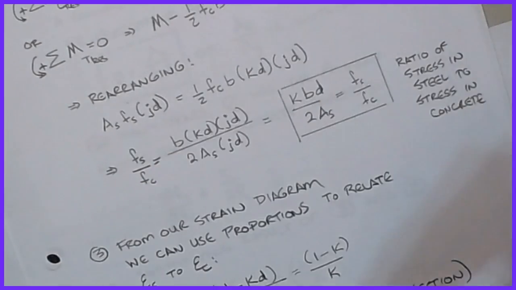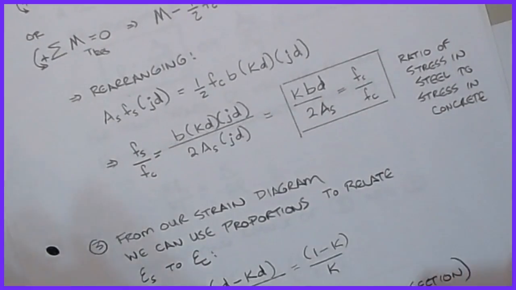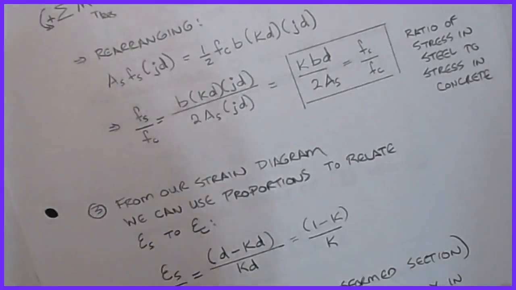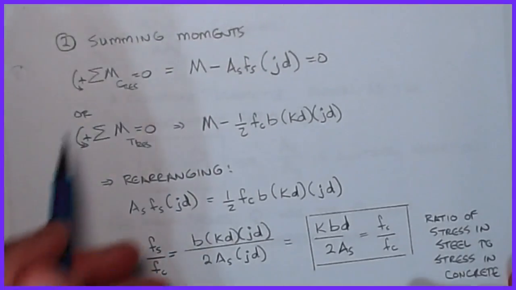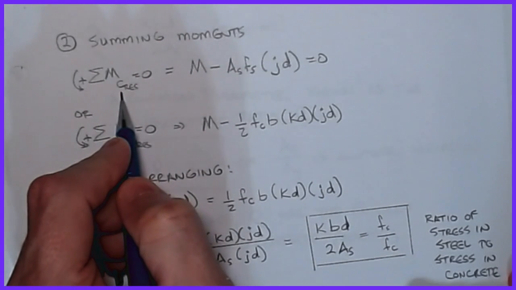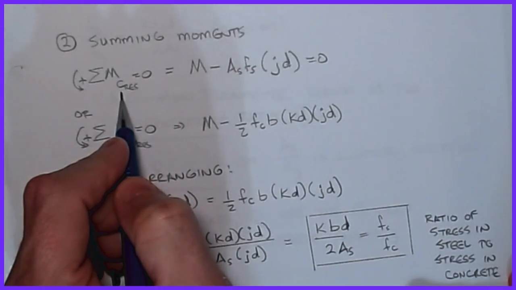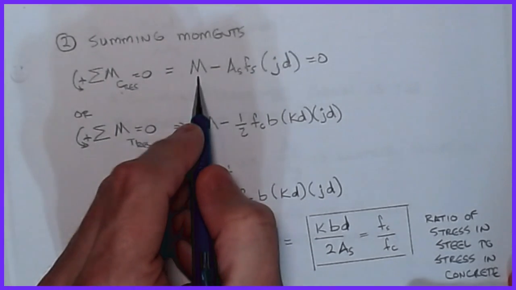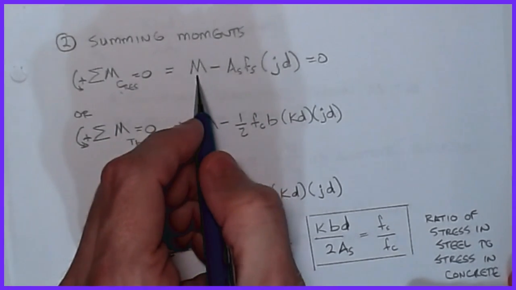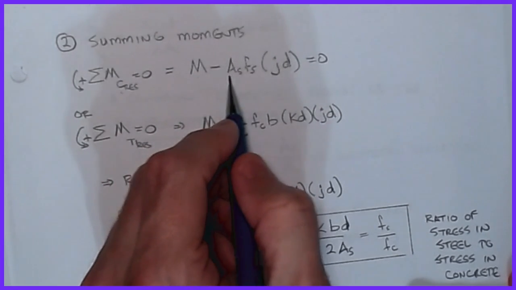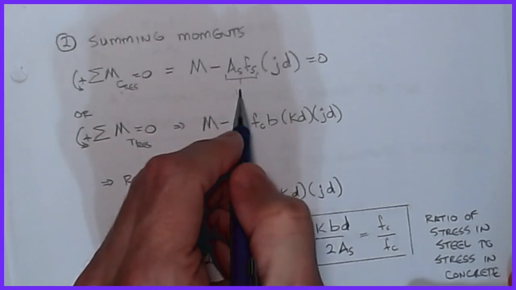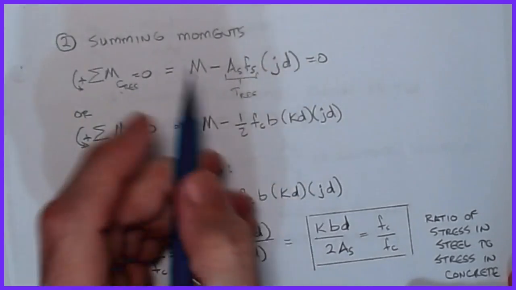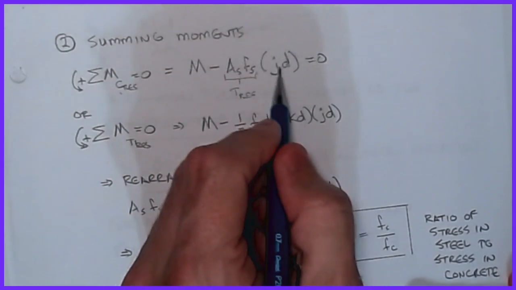So if I write my equations on this, we're going to sum moments about the compressive resultant, because it's the most complex of the two of them. And so I can calculate the moment on the section to balance A_s f_s, this is T res, multiplied by that moment arm jd. And we'll set all that equal to 0.